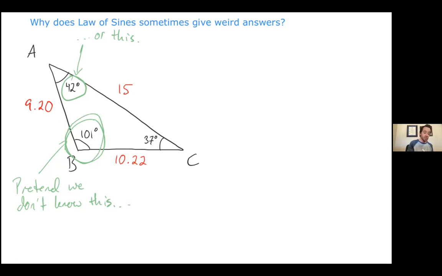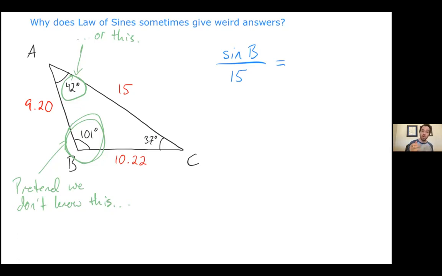I'll say that sine of B over 15 is going to be equal to, and then the only other pair of things where I know both of them is going to be the 9.20 and the 37 degrees. So when you do law of sines, you can pick a bunch of different pairings.